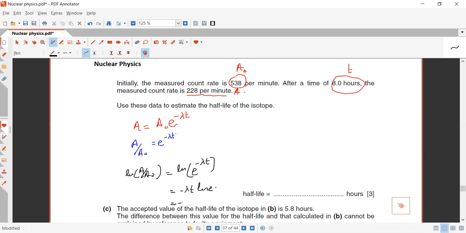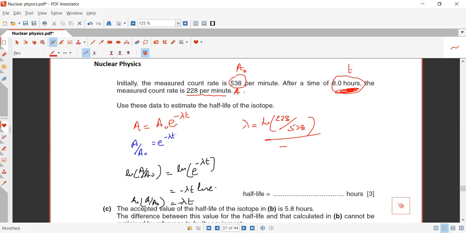Natural log e is 1, so negative lambda t equals natural log of A divided by A naught. We can now put in the values. We make lambda the subject of the formula: natural log of A divided by A naught, where A is 228 and A naught is 538, divided by minus t. That is in hours.